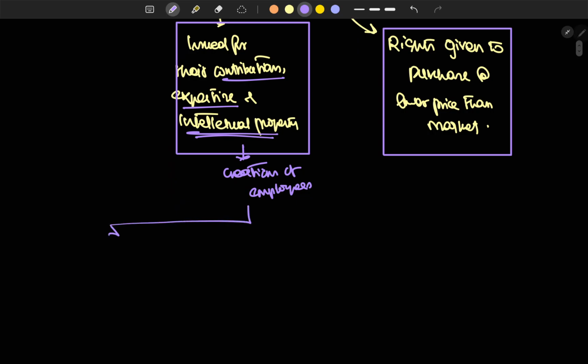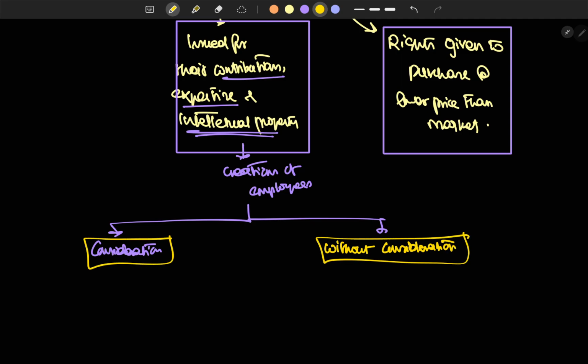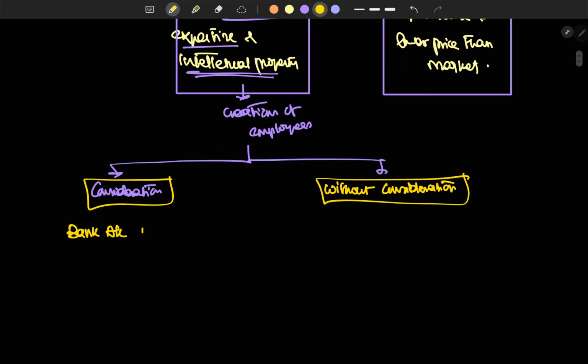What if sweat equity shares are given for consideration and without consideration? If it is given for consideration, we'll be receiving some amount from them, so that will be bank account debit.